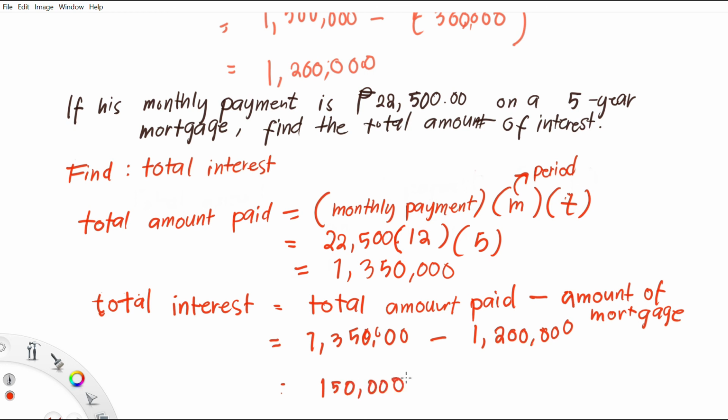This is the total interest if he plans to pay 22,500 monthly on a 5-year mortgage.